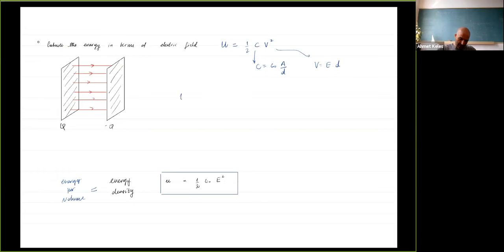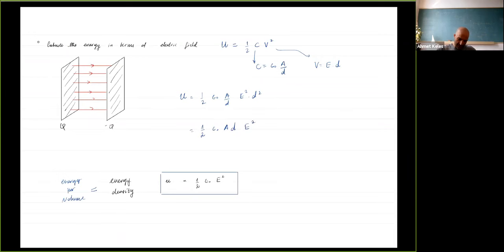So if I put these together, U is equal to 1/2 epsilon naught A over d, and if I take the square of V, it's E squared times d squared. And if I combine factors, I have something like this: 1/2 epsilon naught times A times d times E squared.